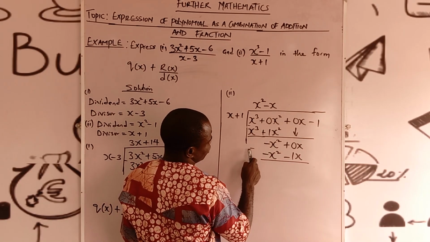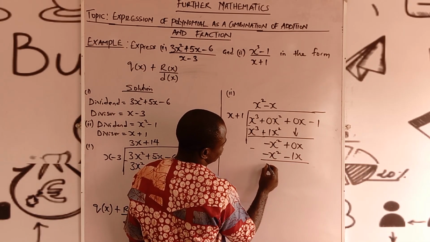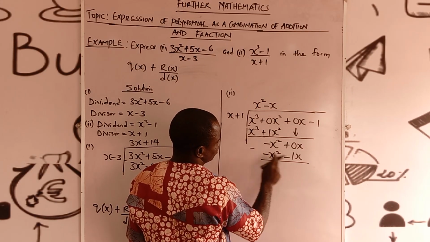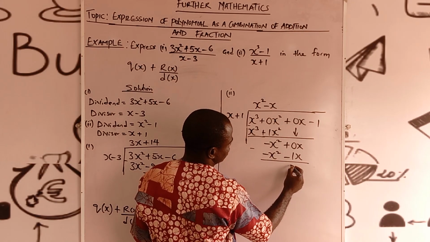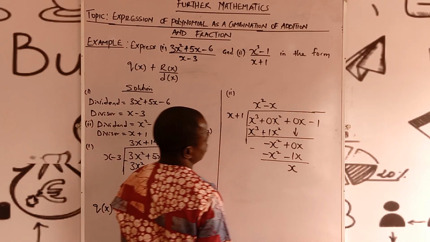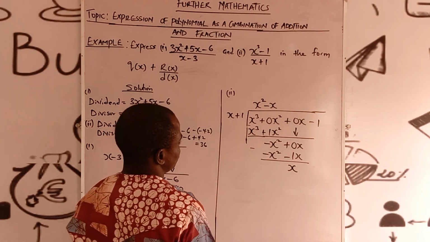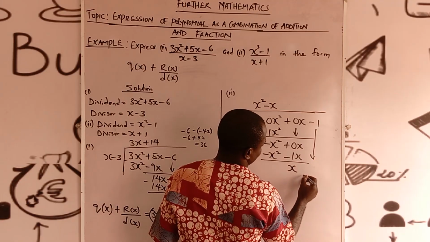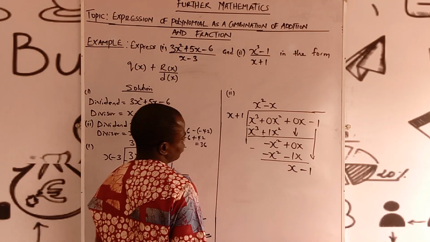Here, minus x squared minus x squared will be 0. 0 minus minus 1 is x, turn to positive. Bring this one down, minus 1.